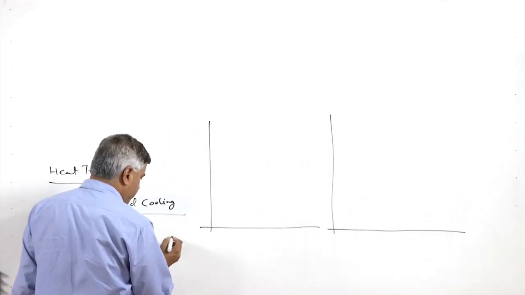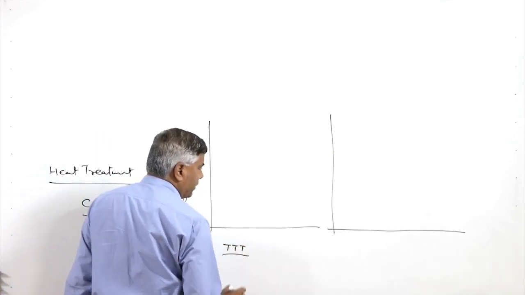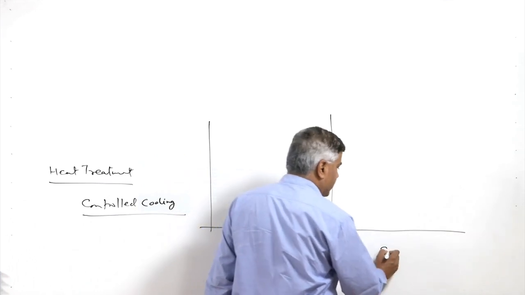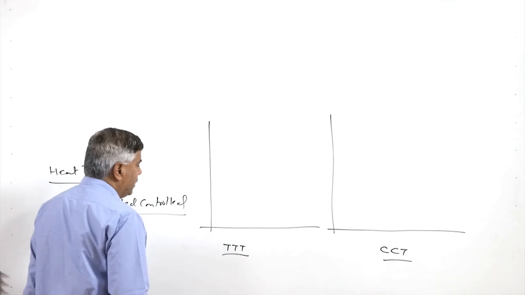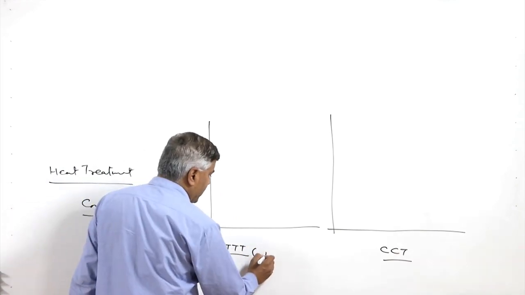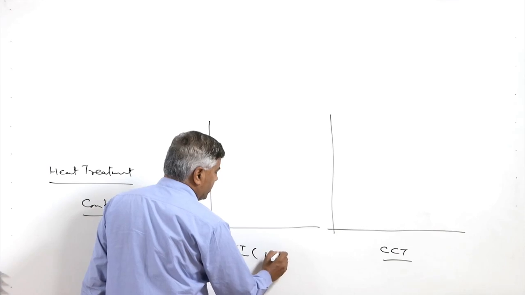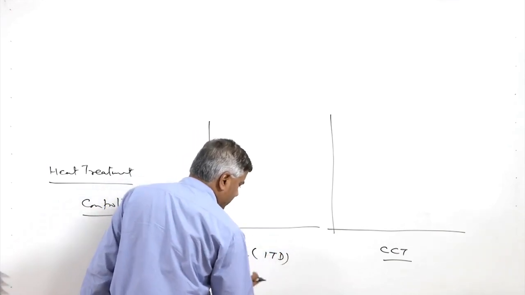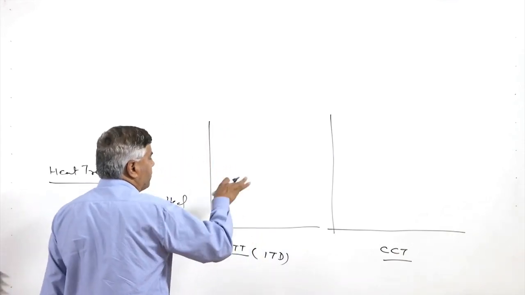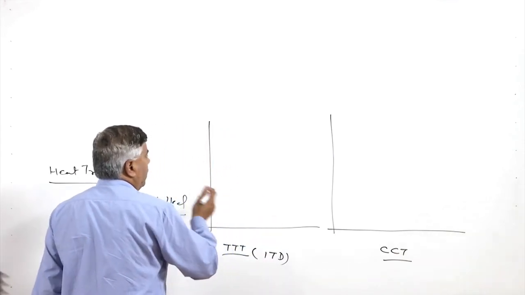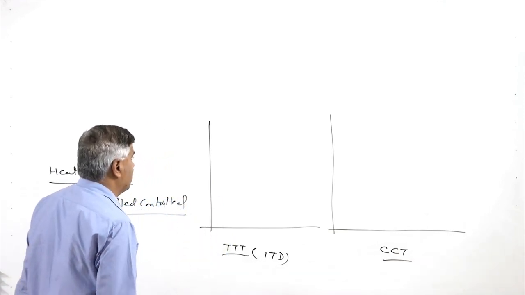One is called the TTT diagram or isothermal transformation diagram, and another is the continuous cooling transformation diagram. As its name appears, the isothermal transformation diagram, also termed the isotemperature transformation diagram, means that the transformation will occur at a constant temperature.